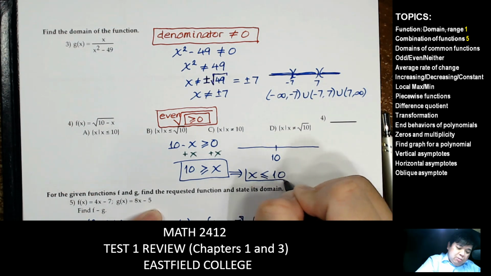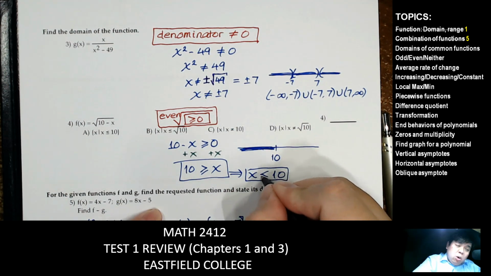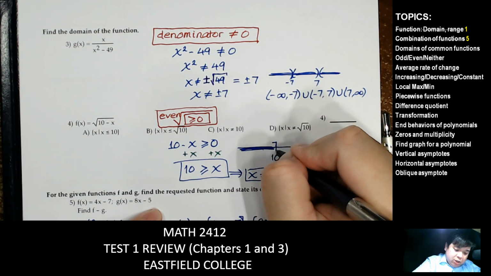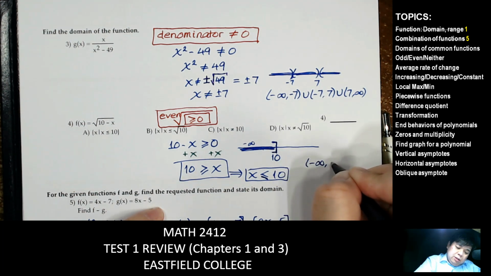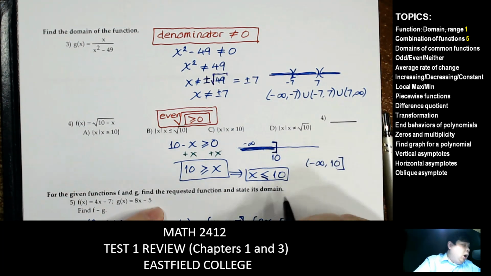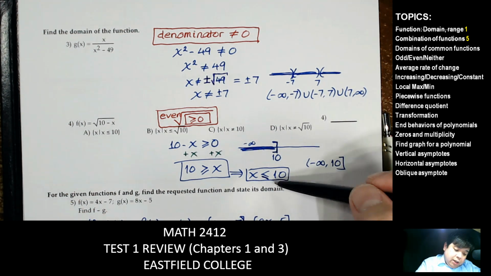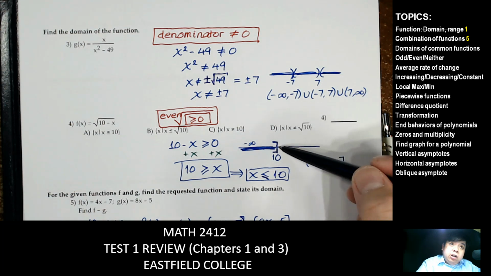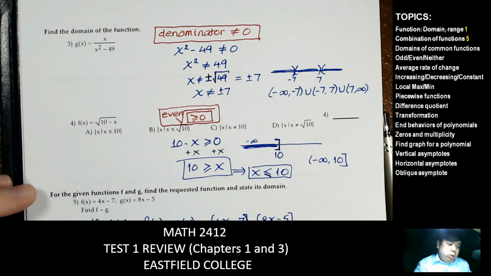So it will be less than 10, and it can be equal to, so that will be the square bracket. So we can write this as the graph or the interval notation, all three of them represent the same thing.